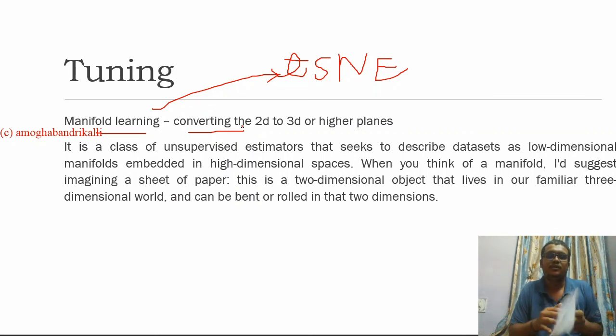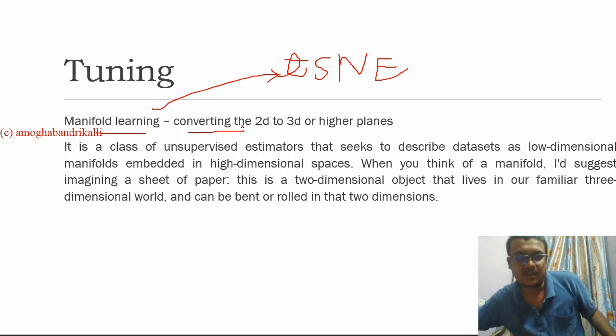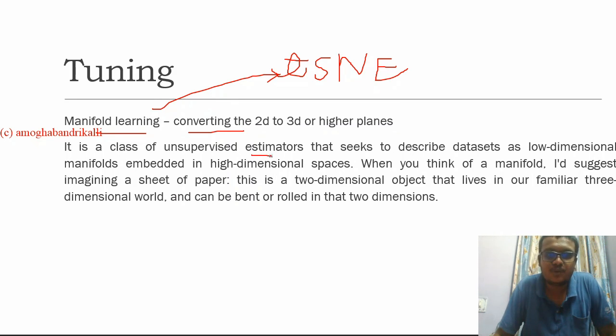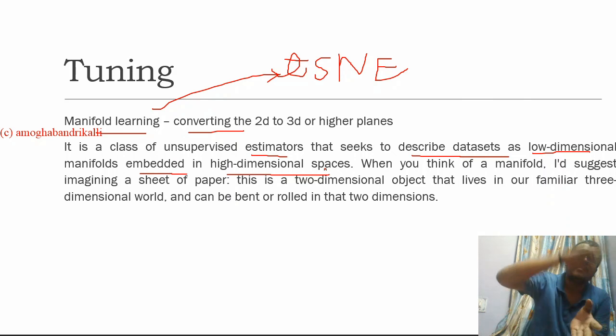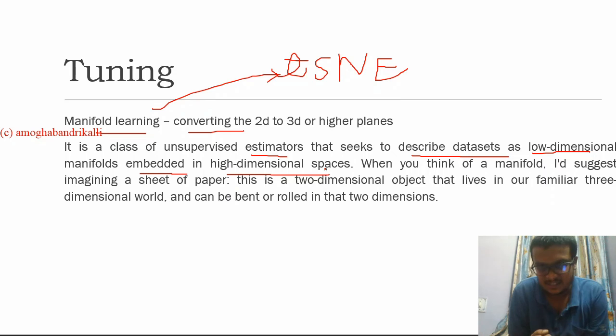If you fold it, it is going to extend into more than one dimension. This is performed by manifold learning. It is a class of unsupervised estimators that seek to describe datasets as low dimensional manifolds embedded in high dimensional space.